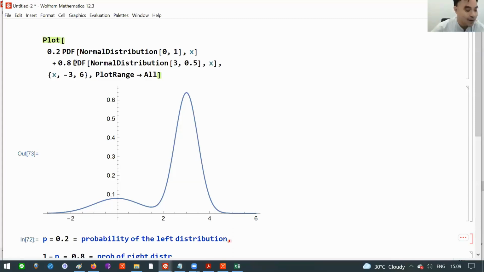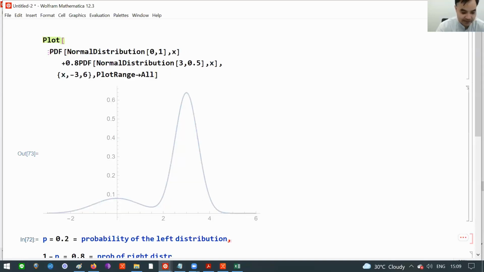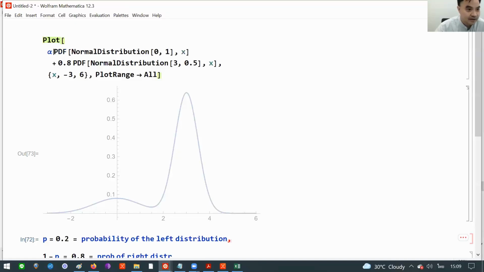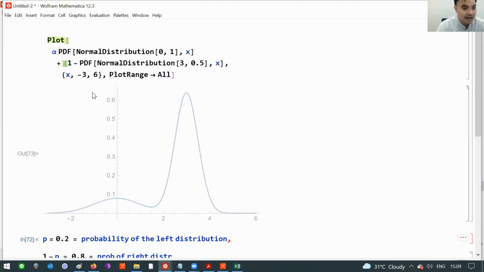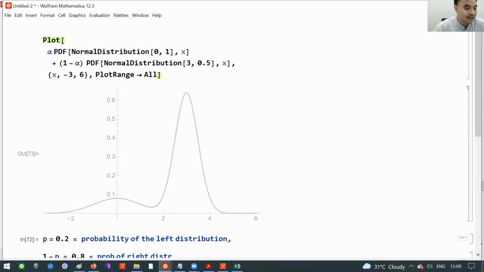Now, what if I want to change the balance? I just turn this into alpha, escape, A-L-P-H-A, escape. And this one is 1 minus alpha. Who's stopping me?